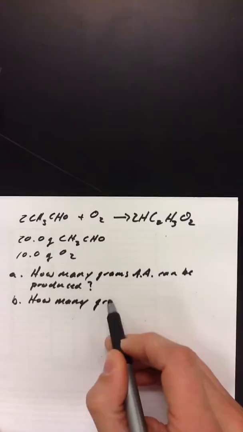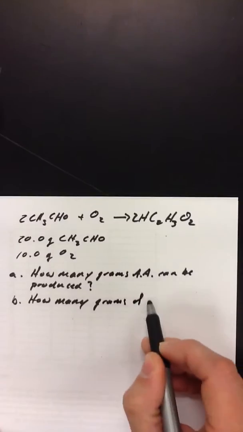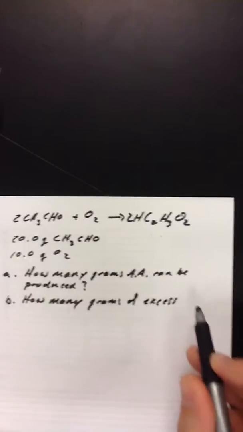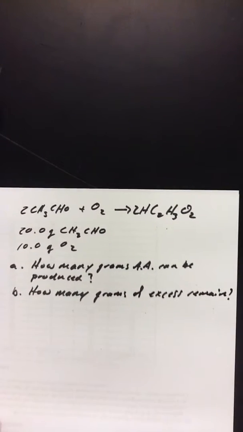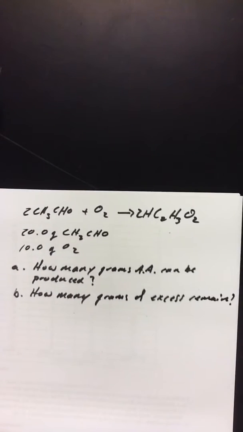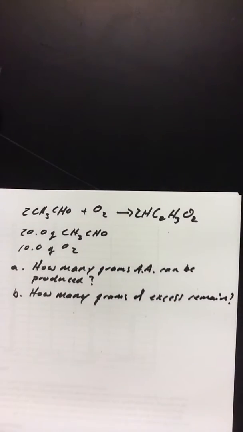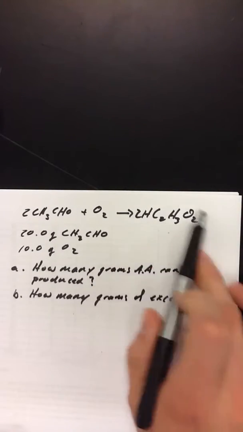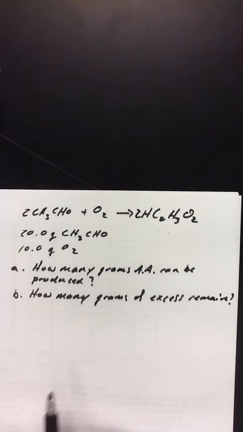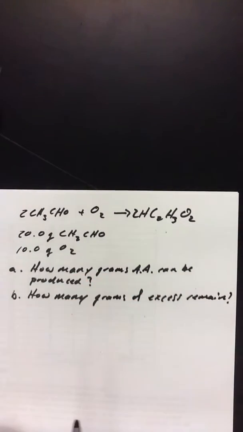So how many grams of excess remain? When they're asking about how many grams of the excess remains, we have to keep in mind that one of these is going to be used completely, in theory, to make this acetic acid, and then one of these 2 is going to remain in excess.